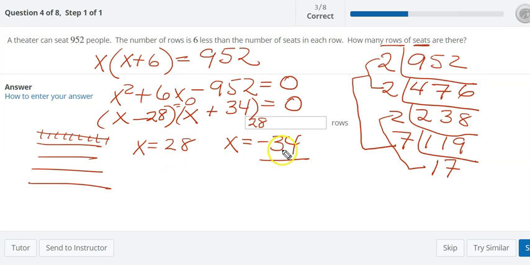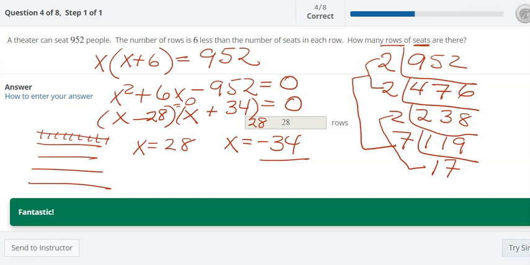You would add 6 to 28 to give you a positive 34. But they're asking for rows here. So I'm going to put in there a 28. And we'll check it out. And I have that one done.